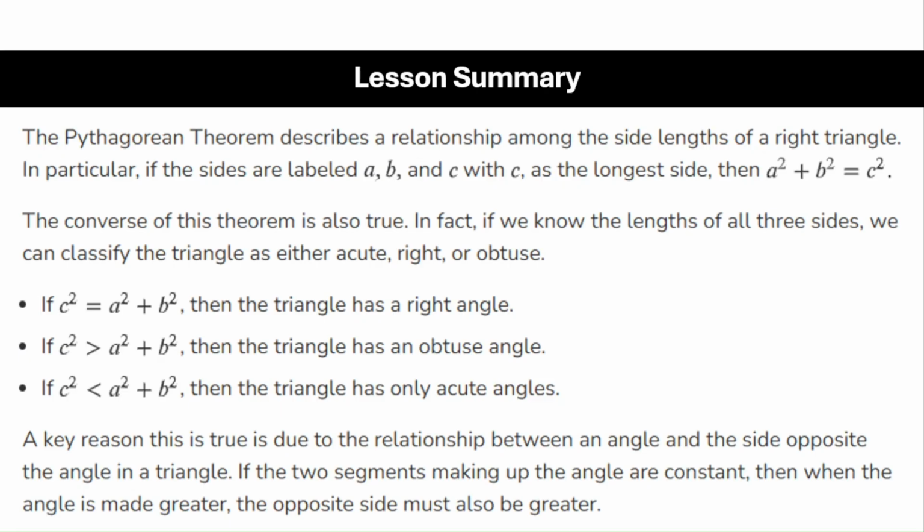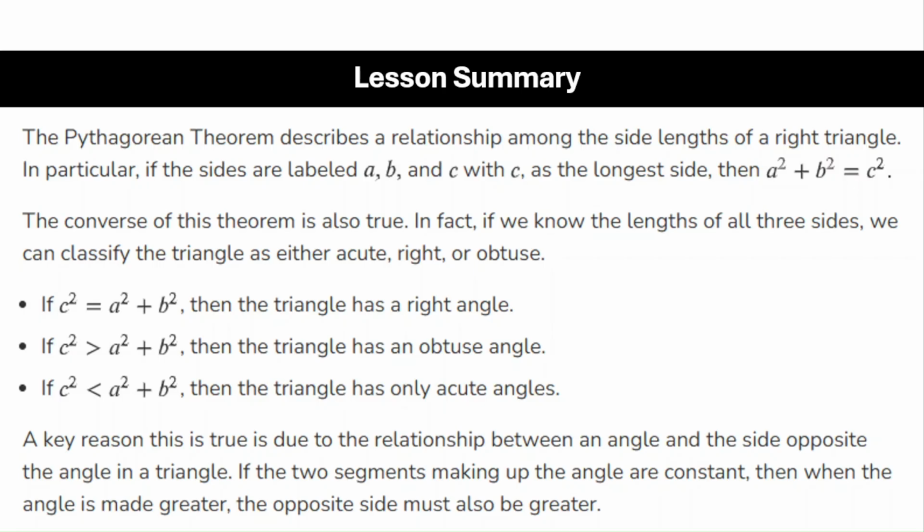So for our lesson summary, the Pythagorean theorem describes a relationship among the side lengths of a right triangle. In particular, if the sides are labeled A, B, and C, with C as the longest side, also known as the hypotenuse, then A squared plus B squared equals C squared.